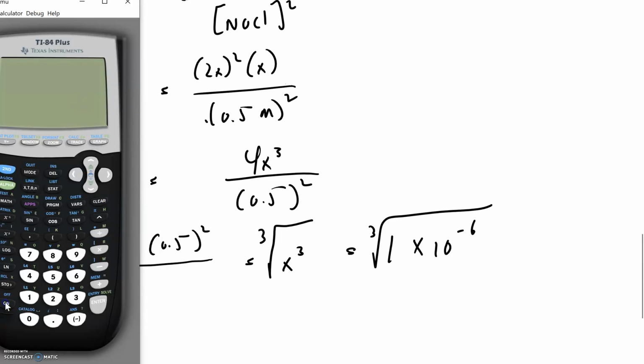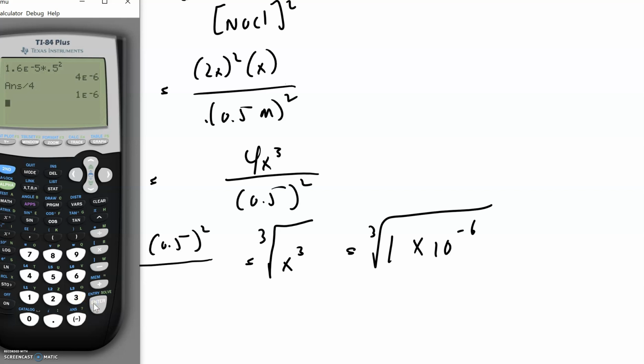Let's turn this on. Okay, so let's do what I just did. We'll say 1.6 times 10 to the negative fifth, and we're going to multiply this by 0.5 squared. We get 4 times 10 to the negative 6, and we're going to divide this by 4.